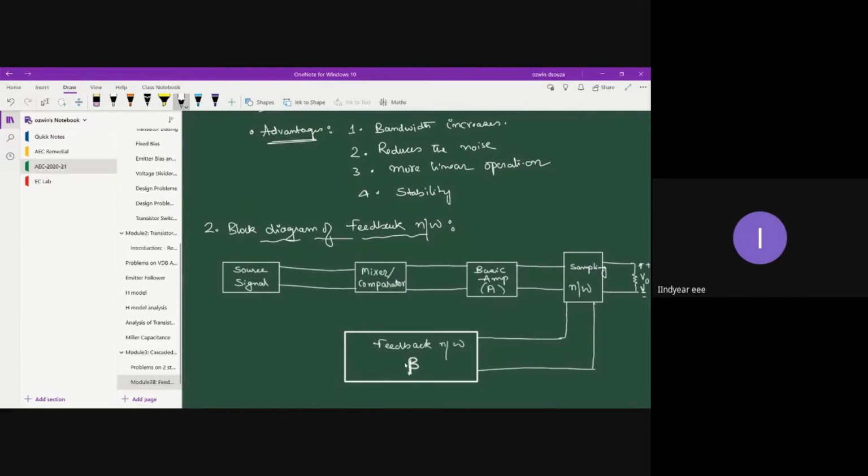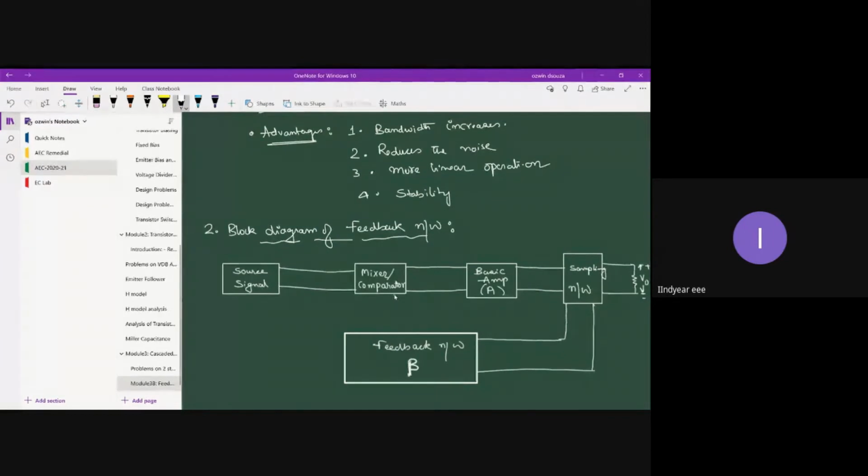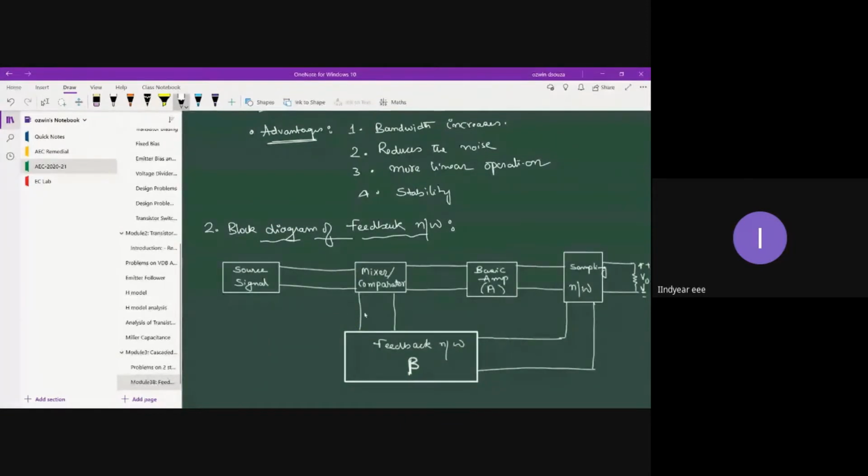So beta in feedback amplifiers refers to the feedback gain. Now this output of the feedback is then given to the comparator or the mixer. So this is the basic block diagram of a typical feedback arrangement.